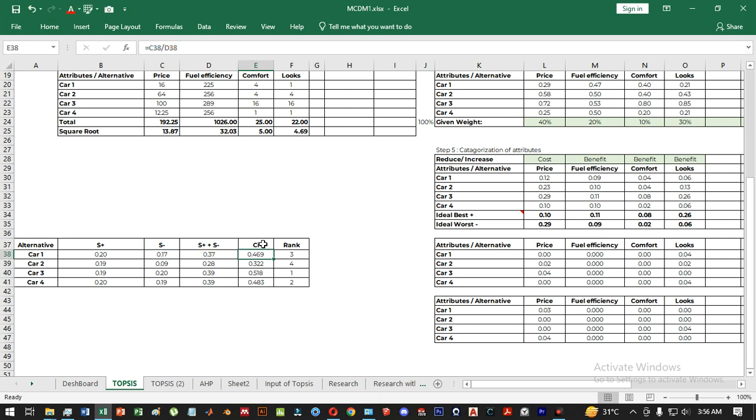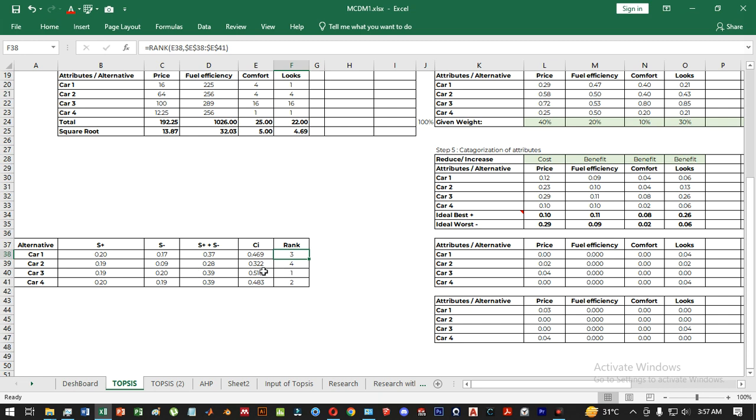Then we get CI, the closest feasible solution. From there we rank. There is a wonderful formula in Excel called RANK, where we select the whole set of numbers and then get the ranking.